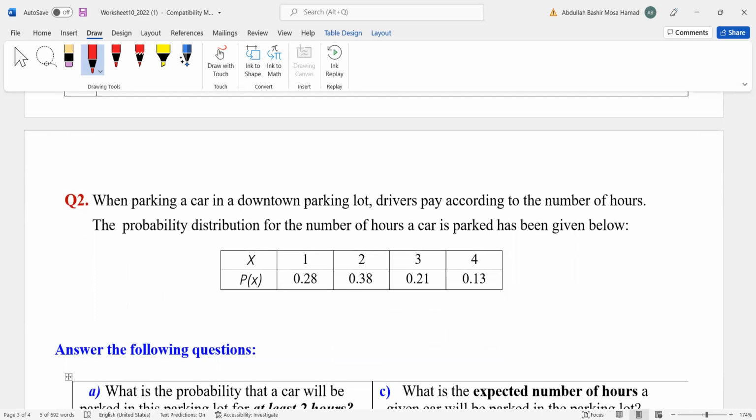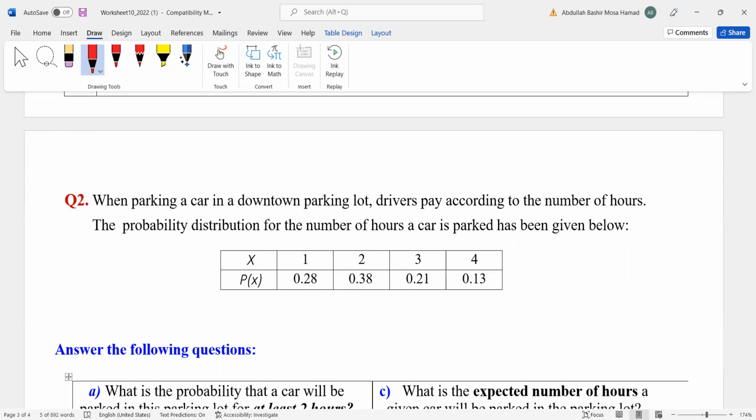Question 2. When parking a car in downtown parking lots, drivers pay according to the number of hours. The probability distribution for the number of hours a car is parked has been given.